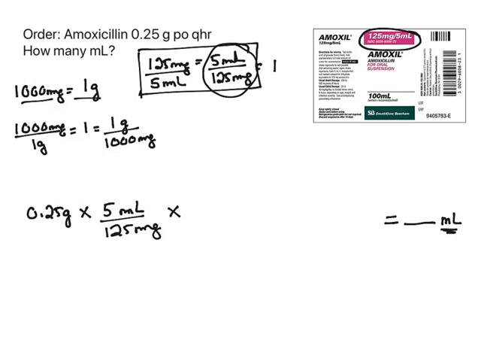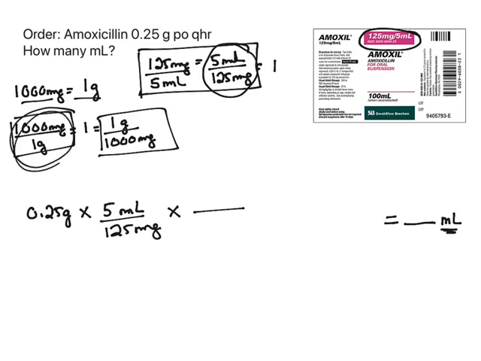And I've got grams in here and I've got milligrams. And I know that I don't want either one. And so how can I get rid of both of those? I'm going to multiply by one of these. And I'm going to choose the one that's going to be able to get rid of both of my units. So right now I have grams on the top. In order to get rid of those grams, I want grams on the bottom.